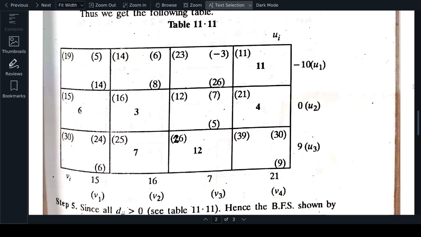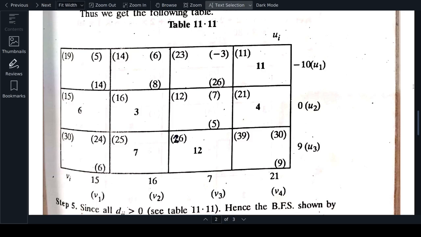First one, C21. The Cij formula is Ui plus Vj. So the C21 formula will be U2 plus V1. C21 means the cost of the second row, first column. What is the cost? 15. Right? 6 is the allocation, 15 is the cost. So U2 plus V1 is 15.